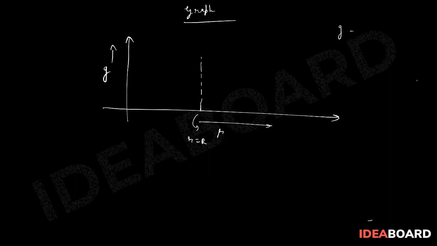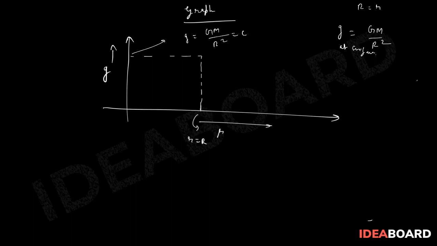So we know that g at surface is equal to GM upon R square, where r is equal to R. So this is at surface. Okay, that means this value is representing g is equal to GM upon R square. Obviously this is a constant value, which we know.